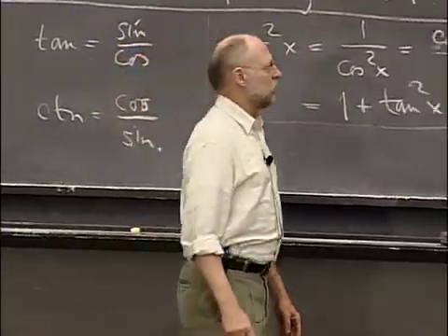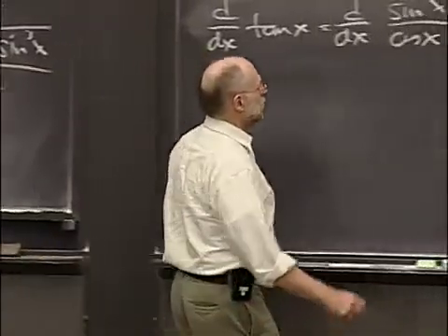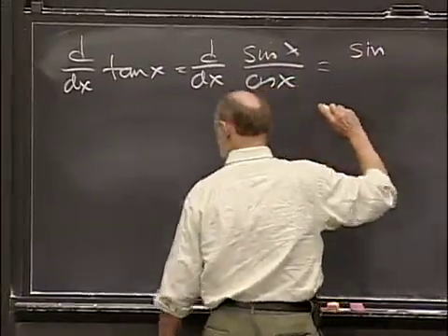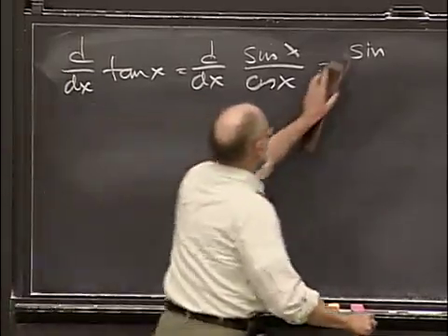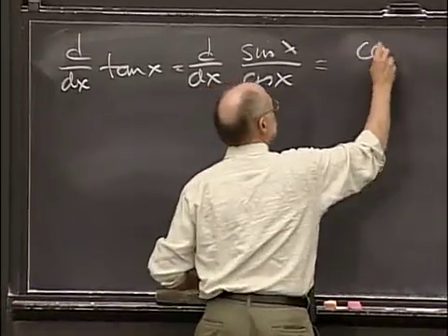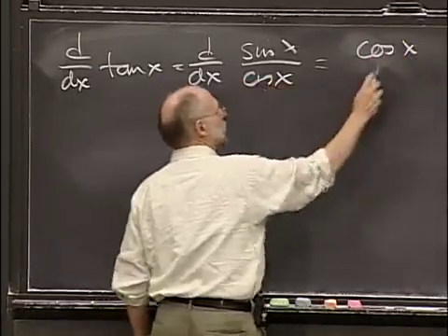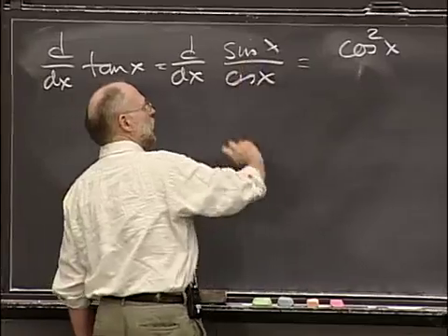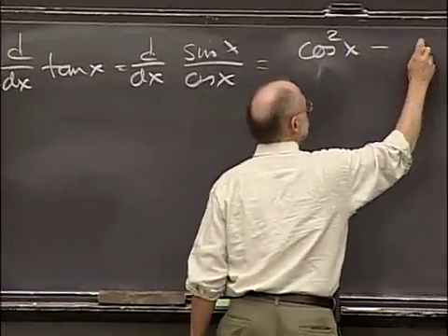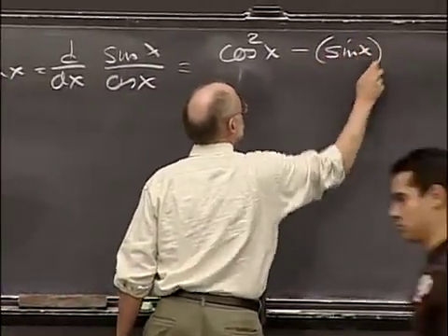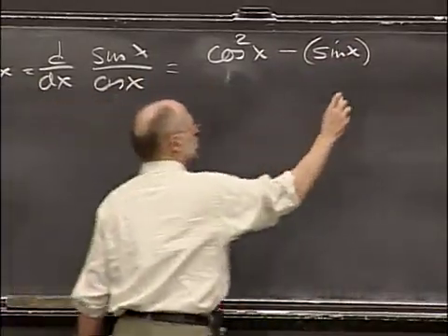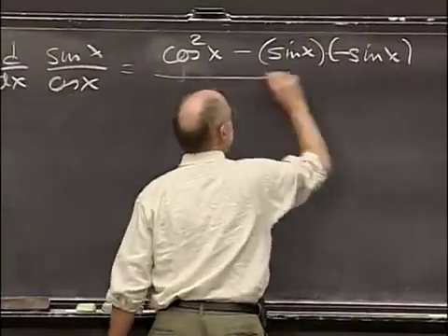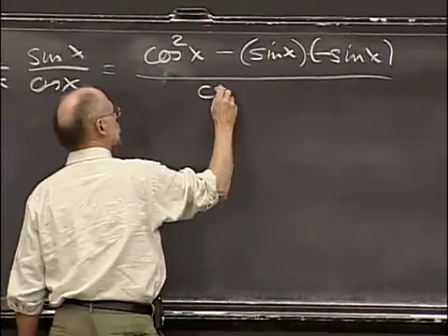You take the derivative of the numerator, which is cosine, and multiply it by the denominator, so that gives you cosine squared. And then you take minus the numerator and multiply that by the derivative of the denominator, which is minus sine of x. And you put all that over the square of the denominator.